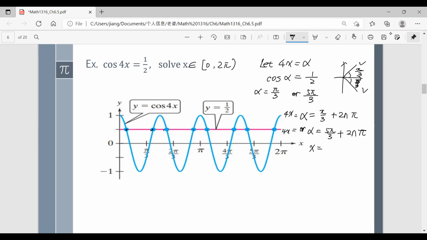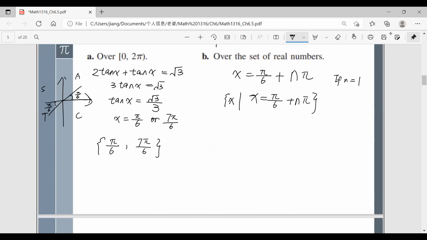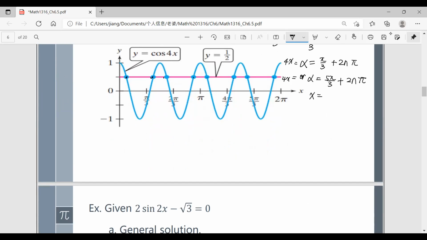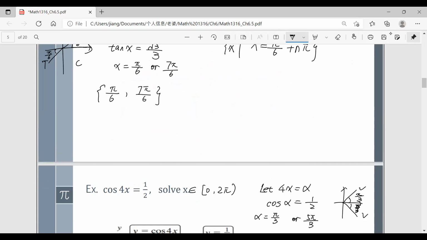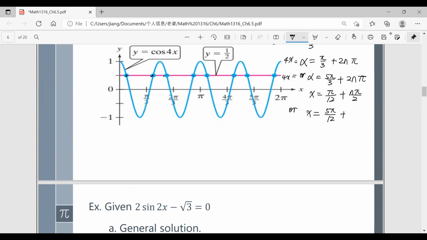So pi over 3 divided by 4 is pi over 12, and 2n pi divided by 4 is n pi over 2. Or x equals the second term divided by 4, 5 pi over 12 plus n pi over 2. So this is the general solution for x.